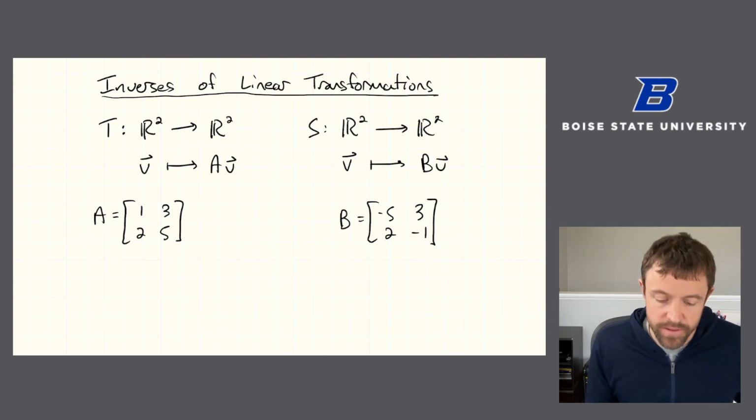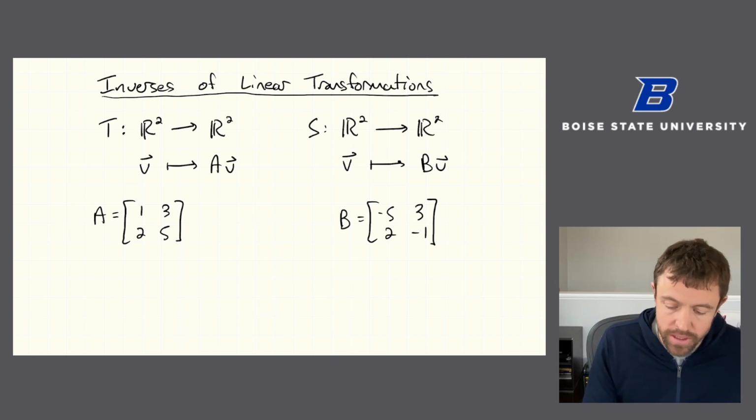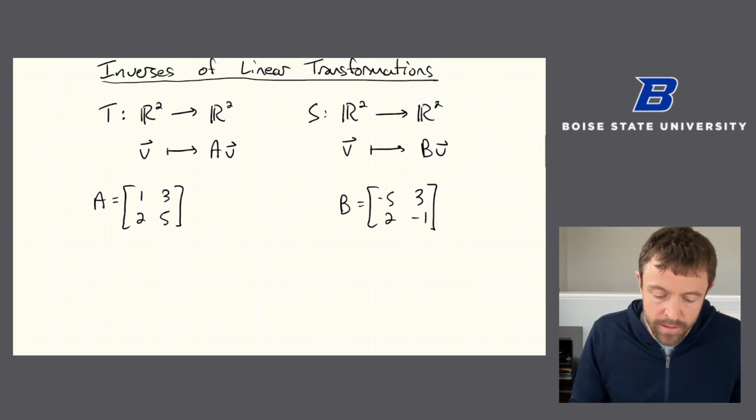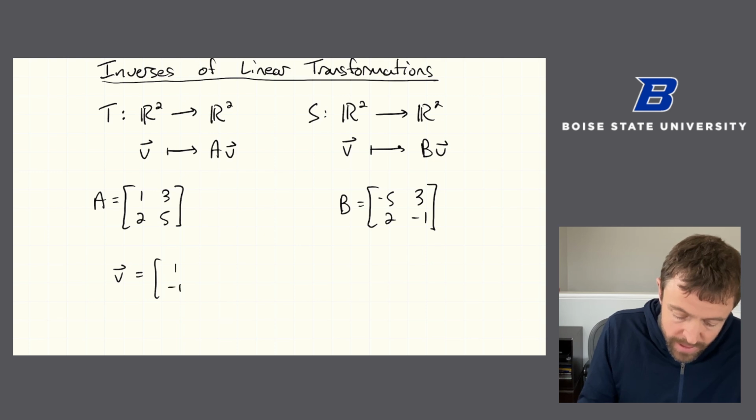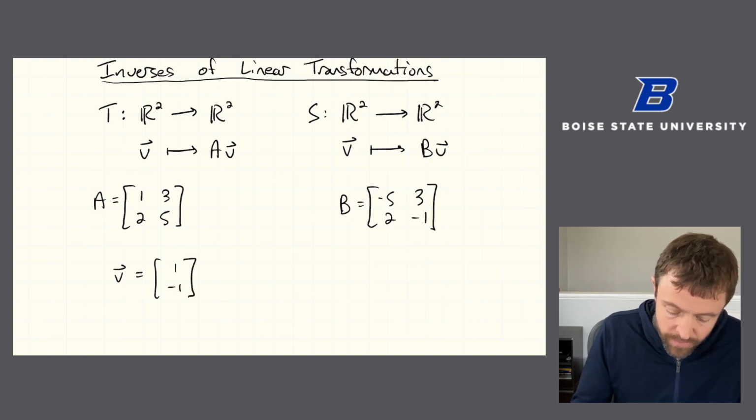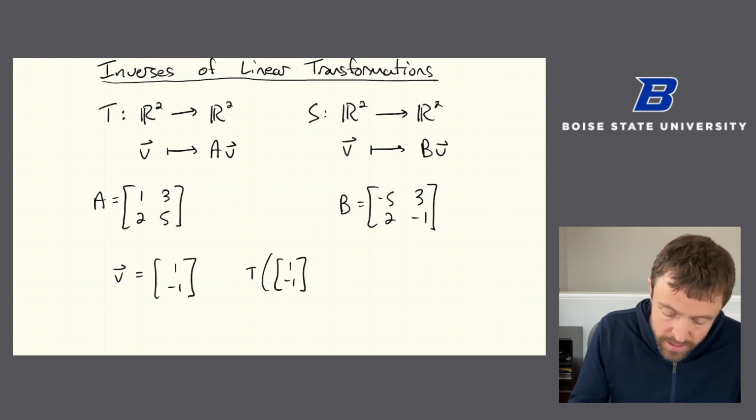How does this look in terms of inverses? Well, let's just choose an input. So let's start with the vector 1, minus 1. I'm going to apply T to the vector 1, minus 1.